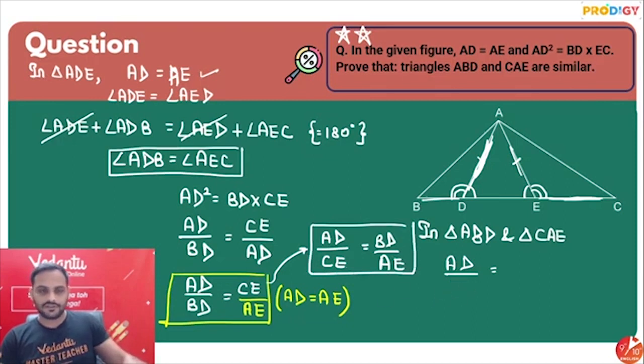Alright, so the ratio of AD with CE is equal to the ratio of BD with AE.